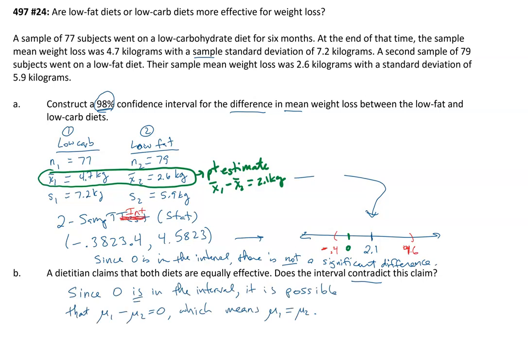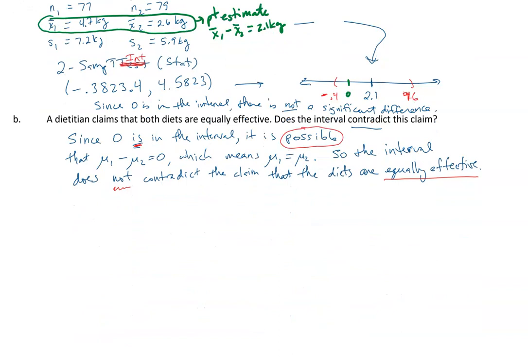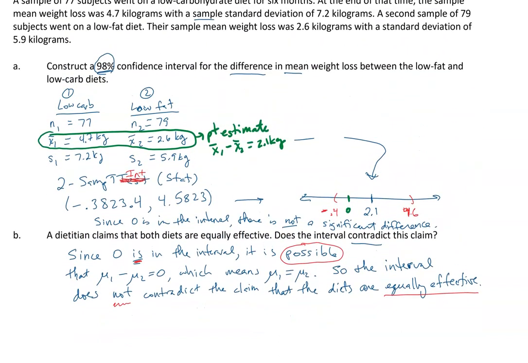Since 0 is in the interval, it is possible that mu1 minus mu2 equals that very 0, which in turn means that mu1 equals mu2. So to directly answer the question, the interval does not contradict the claim that the diets are equally effective. They may or may not be. We just don't know based on this interval. And that wraps up 10.1.